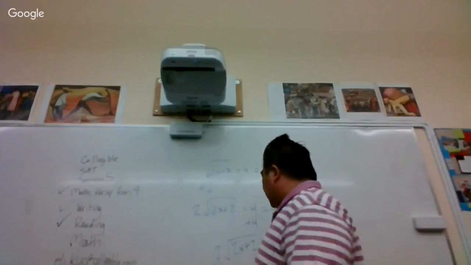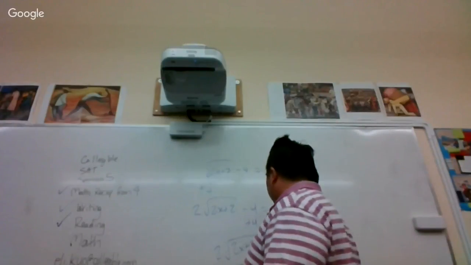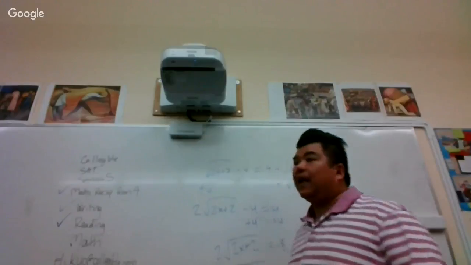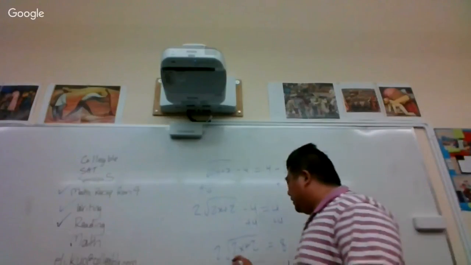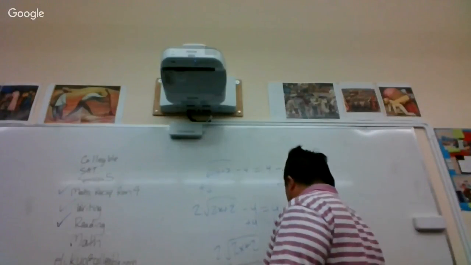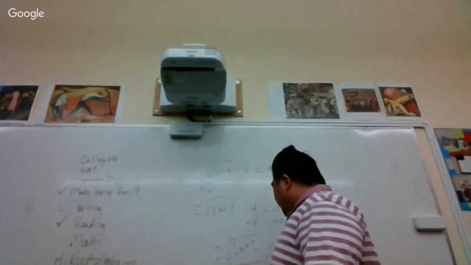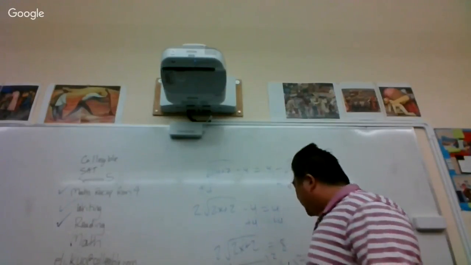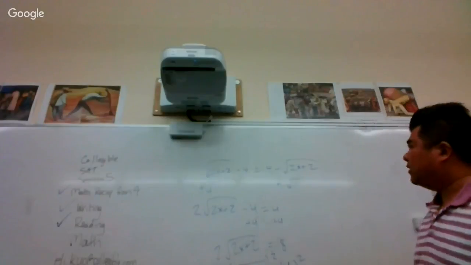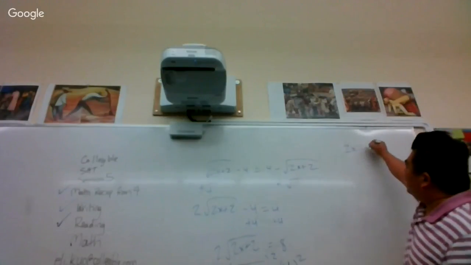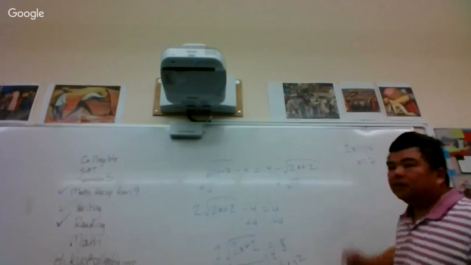Divide by 2. So now the square root of 2x plus 2 equals 4. Now square both sides. 2x plus 2 equals 16. So now you subtract the 2, you get 2x equals 14, so x is 7.